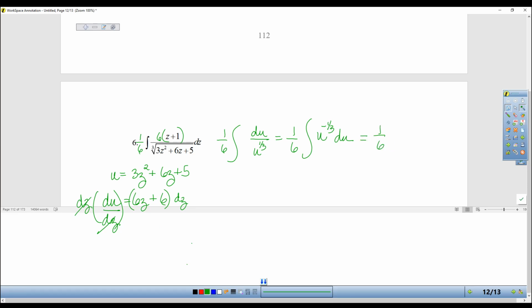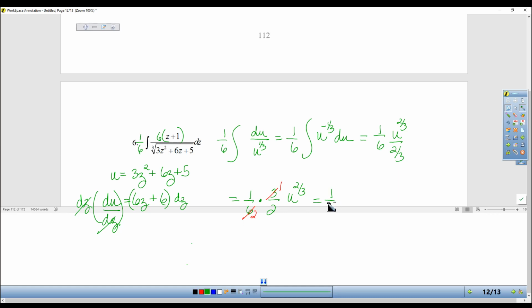This gives me u to the, if I add 1, I get 2/3 divided by 2/3. I'm going to flip that. So here's my 1/6, and I'm going to multiply, flip and multiply. u to the 2/3. This cancels. 1, 2.